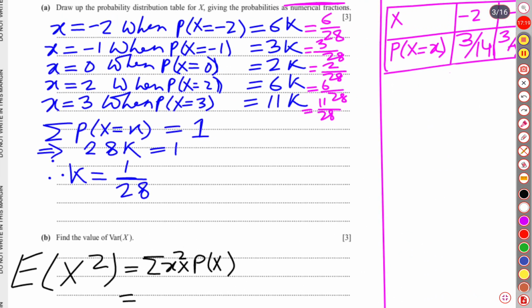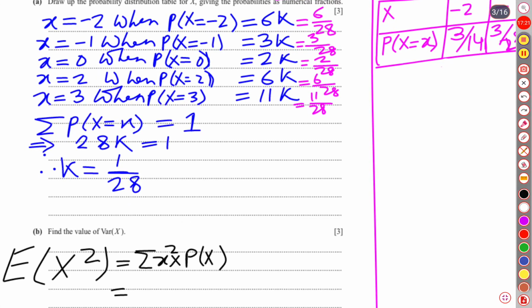We can see here, look, x, for the first case, x was negative 2. Here look at this, x is negative 2 and probability was 6 over 28. So it is going to be negative 12 over 28.